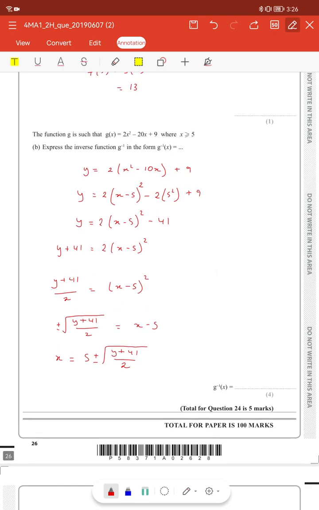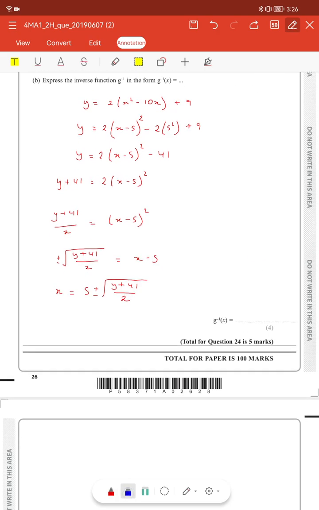Now it says x is greater than 5, so it has to be the positive value. So remember, when we're writing our inverse, we're only going to consider the positive value, and we're going to replace all of our y's with x's. So the inverse would be 5 plus the square root of x plus 41 all over 2.